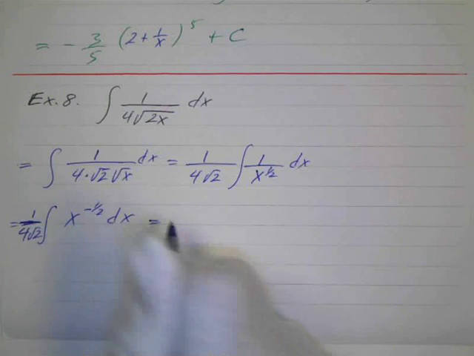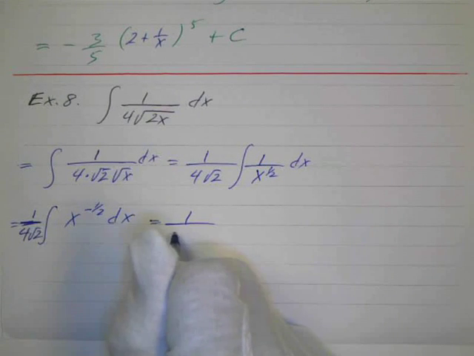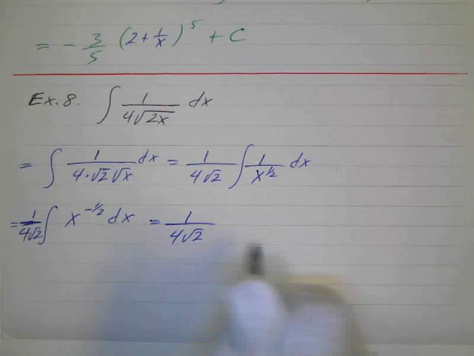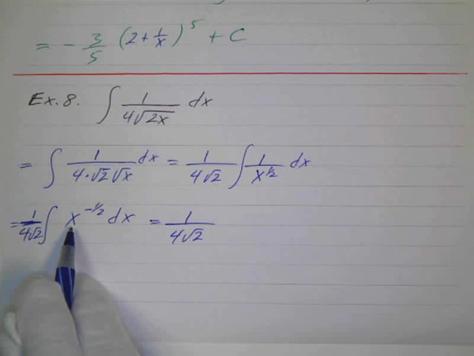And then this is going to be 1 over 4 times the square root of 2. And then we could take the antiderivative of that just using our reverse power rule, or our u to the n plus 1 over n plus 1, but the u is just x, so it would be x to the n plus 1 over n plus 1.